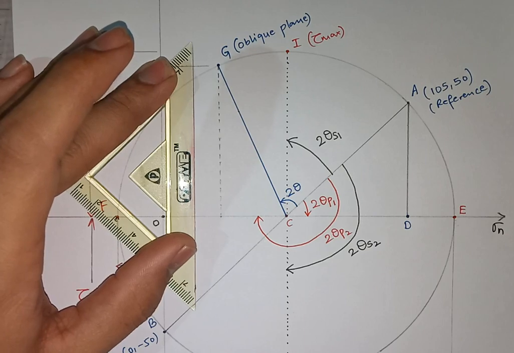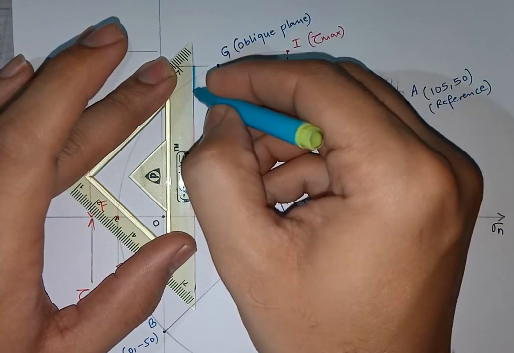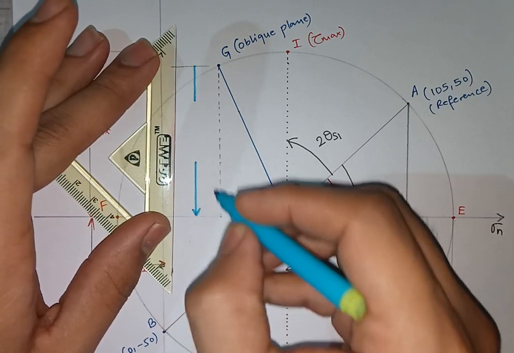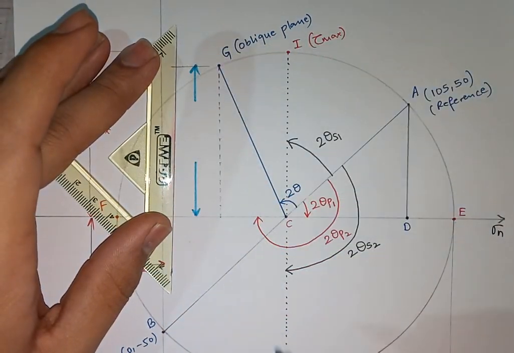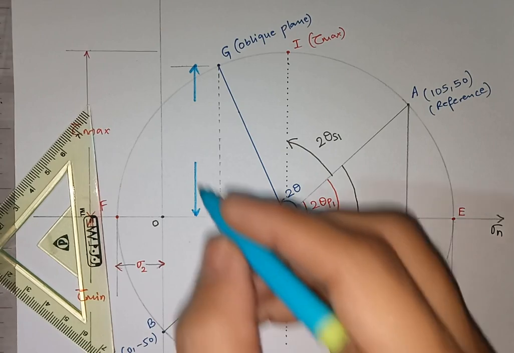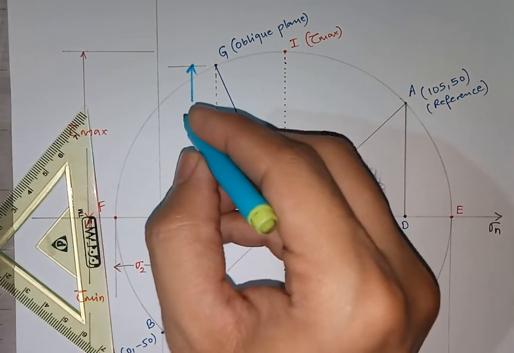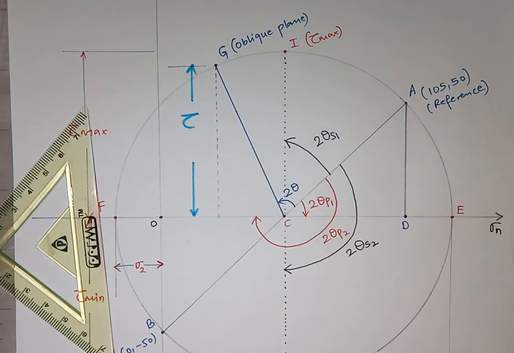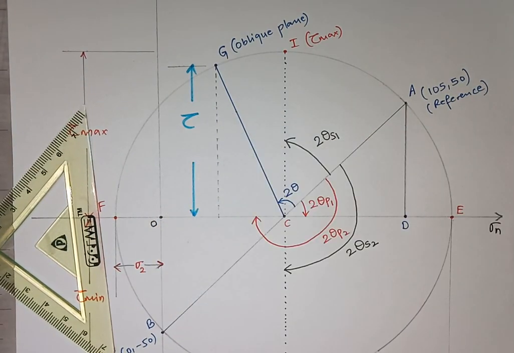So if I do this, let me mark it with a different color. So this value gives me tau on the oblique plane, right?